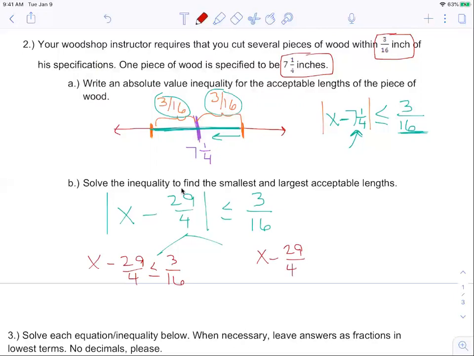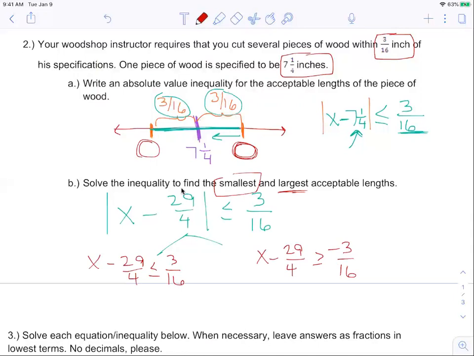Nope, both of them will work, because it says find the smallest and the largest acceptable lengths. So essentially, you're trying to find these two numbers on either side of our 7 1/4. That's what we're trying to find. Okay, thank you. Yep, so both of them will work.